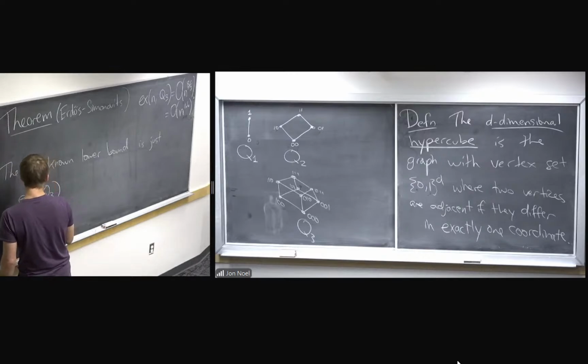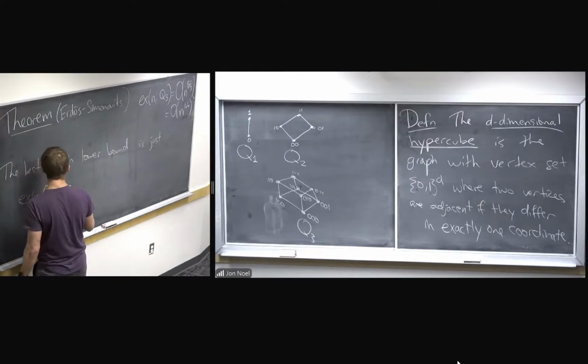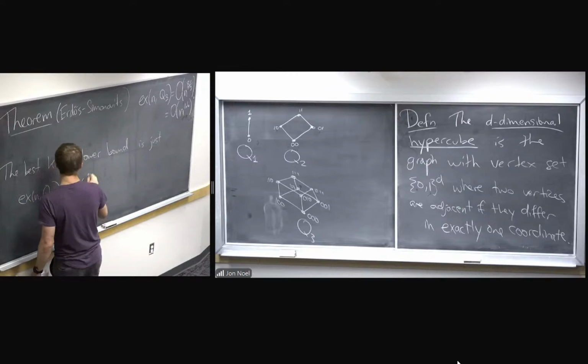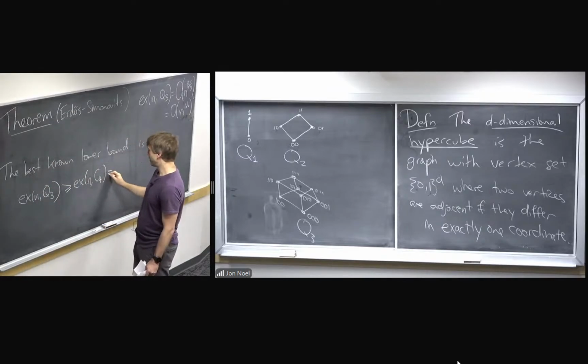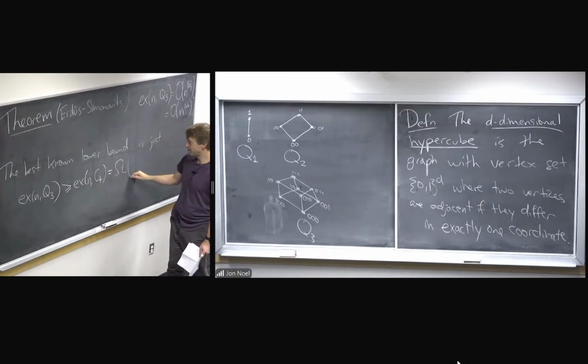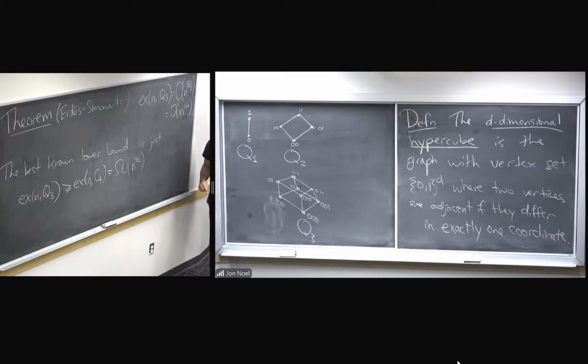So definitely the extremal number of the cube is at least the extremal number of the 4-cycle, for which there's an example in the notes, which if you've done assignment 3, you've become familiar with. So this is n to the 3 over 2.